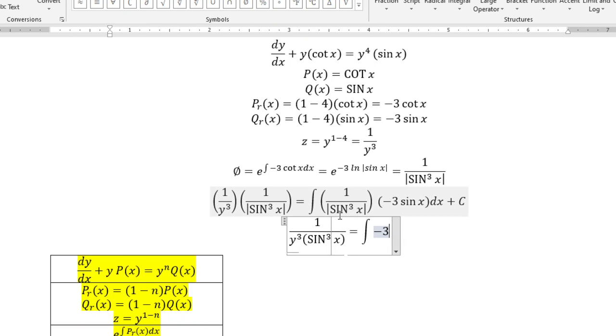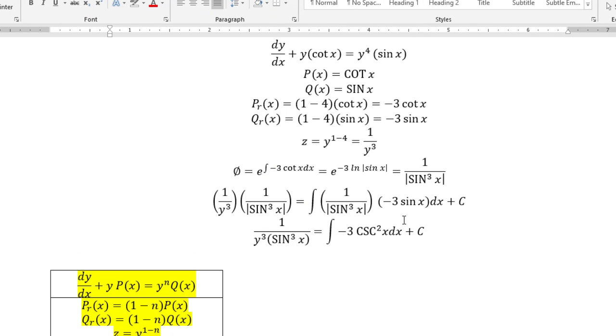Matitira sa baba is sine squared. So, iakyat natin, magiging CSC or cosecant squared x dx plus c.